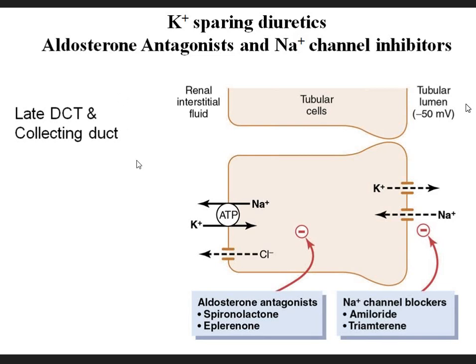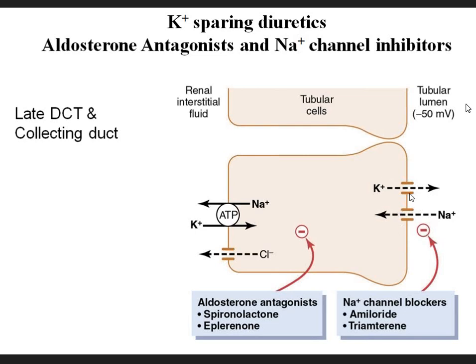So aldosterone causes reabsorption of sodium and secretion of potassium. If any substance can block aldosterone or is an antagonist of aldosterone, what is it going to do? It will prevent the reabsorption of sodium and it is also going to prevent the secretion of potassium, right?